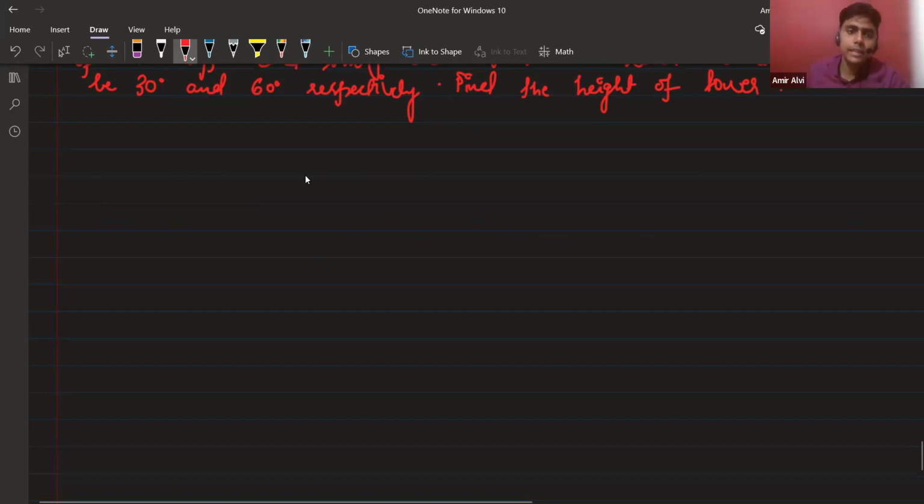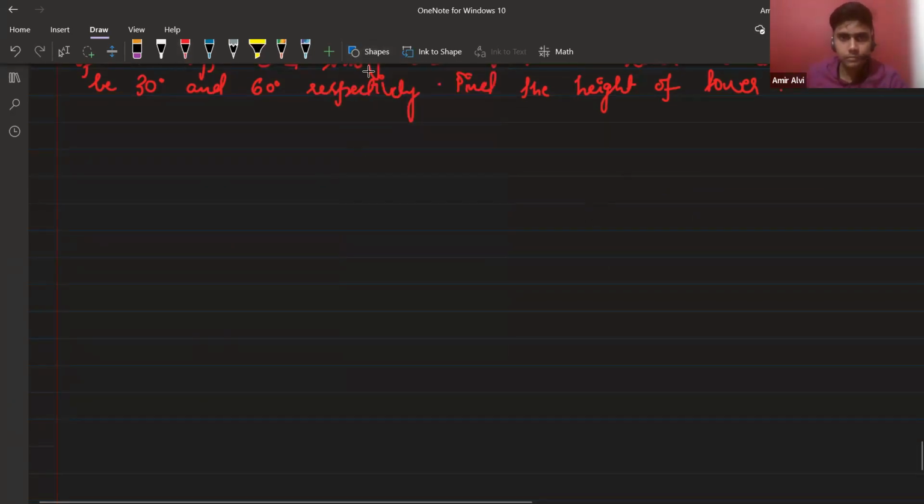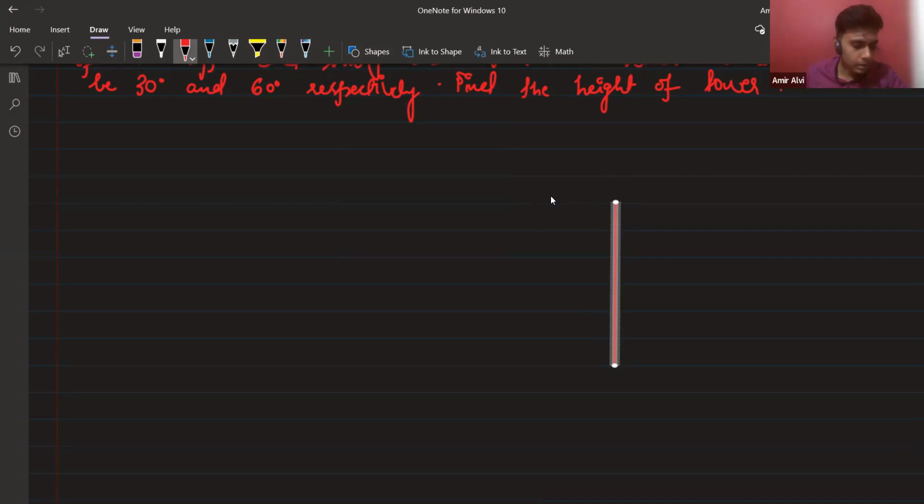So it's basically saying that you are standing at the top of a tower. Clear? You are basically saying, from the top of a building, 60-meter high. So 60-meter high is already given.